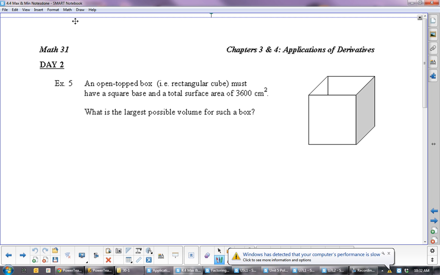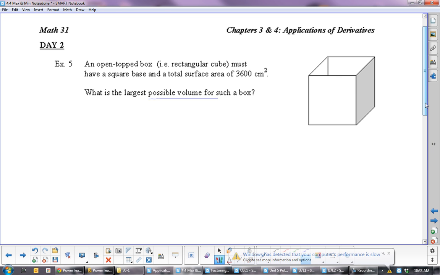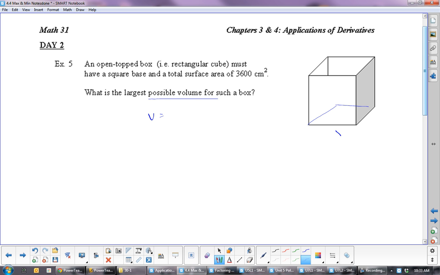Yeah, if we're going to do that though, what's a formula for the... We've got to find the largest possible volume. So what's our volume formula that we should be using? V equals. Okay, so we do have a square base.